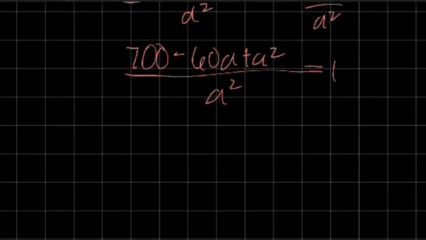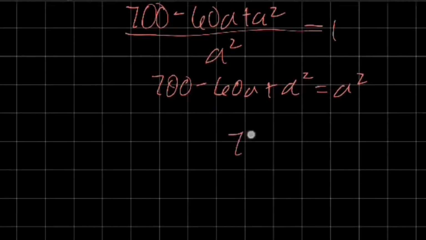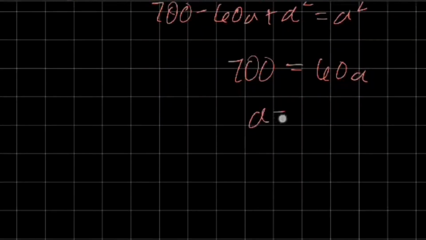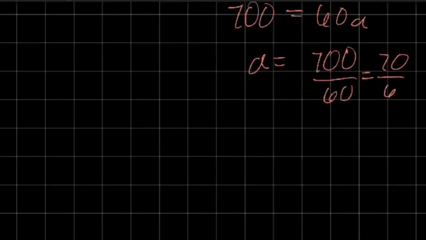And from here we can just multiply by a squared on both sides, so we get 700 minus 60a plus a squared is equal to a squared, and the a squareds cancel, so we have 700 equals 60a. So a is equal to 700 over 60, which can be simplified down to 70 over 6, and I think that can be further simplified into 35 over 3.